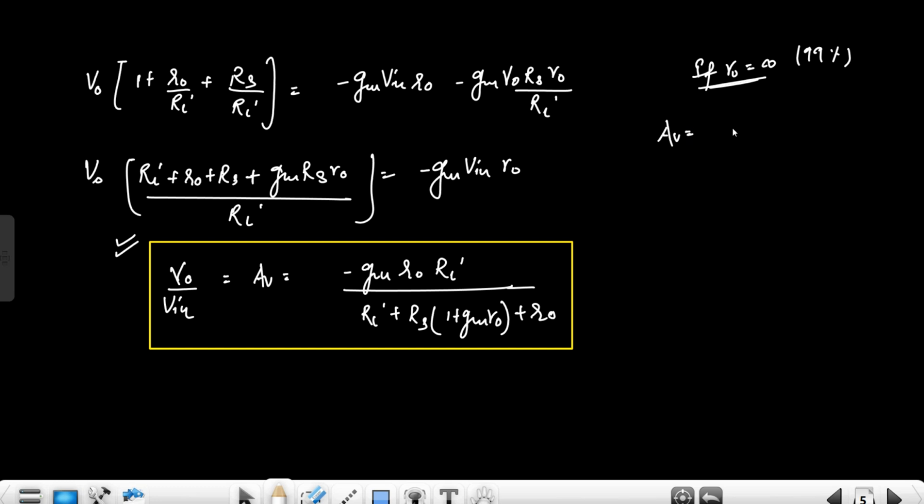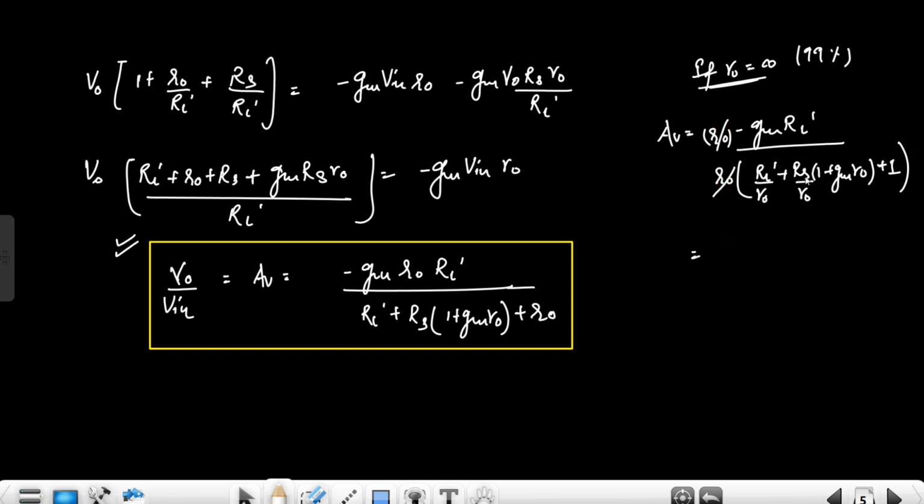It will be minus GM RL dash upon R naught, which we have taken common here. So it will be simply RL dash divided by R naught, then plus RS by R naught and 1 plus GM R naught plus 1, right?